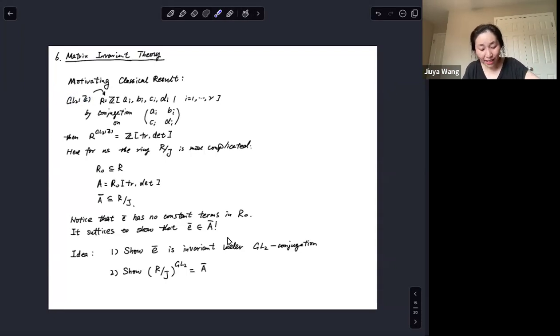For us, our ring is more complicated, but it still suggests a way out.